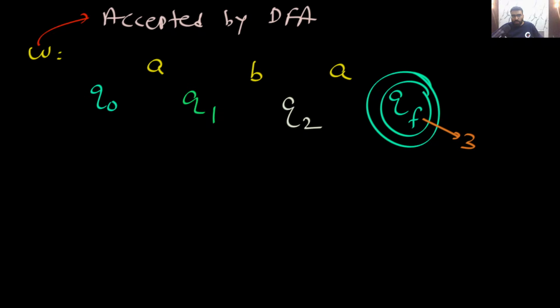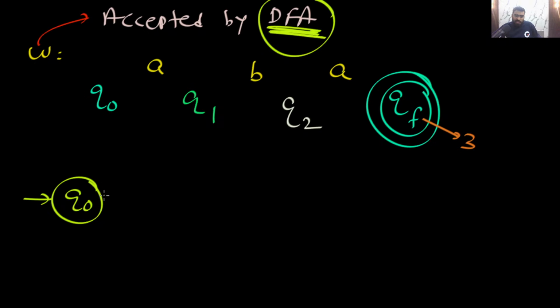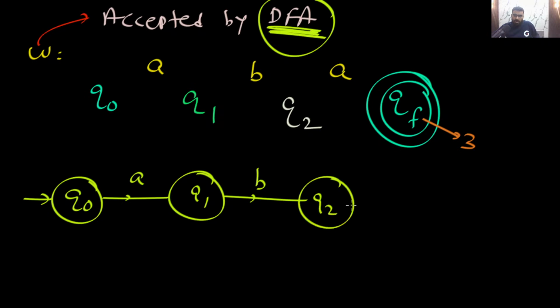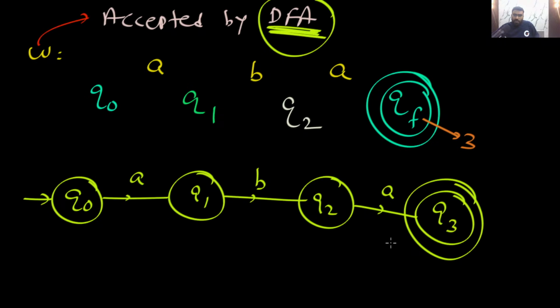See, there will be a loop, because it is a DFA, a deterministic finite automata. Notice, it's something like this. This is the initial state. On A, you are going to Q1. On B, you are going to Q2. On A, you are going to the final state Q3. Now notice, this is a DFA.